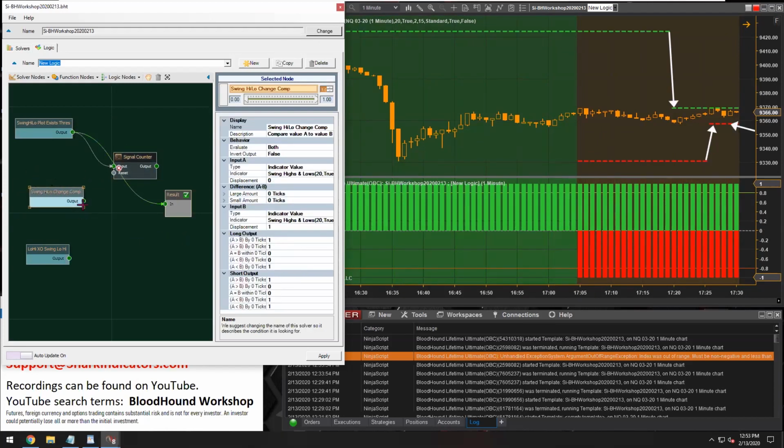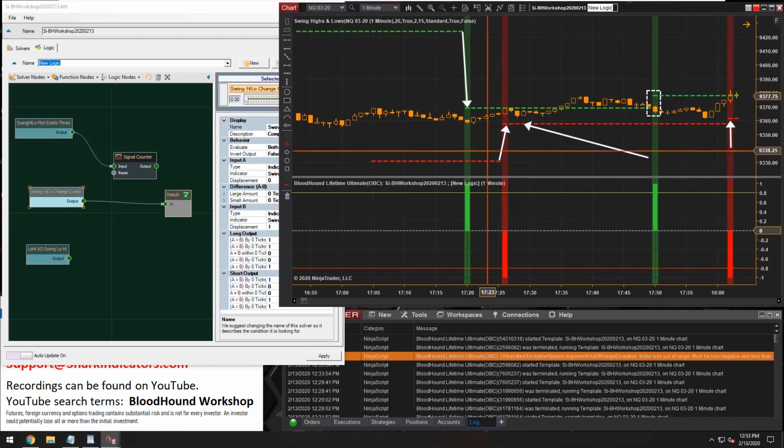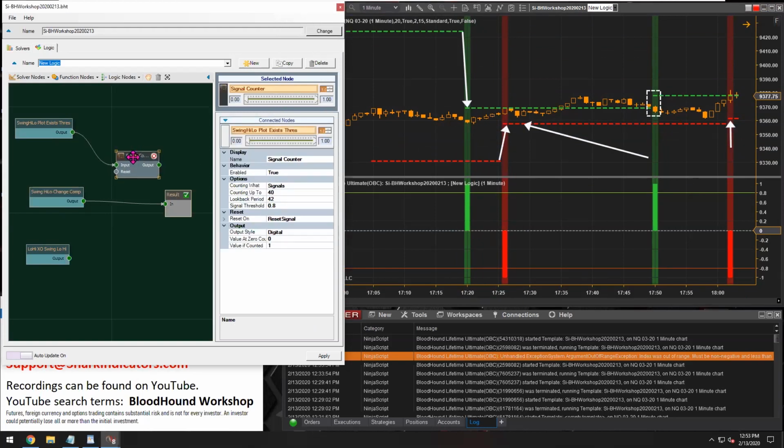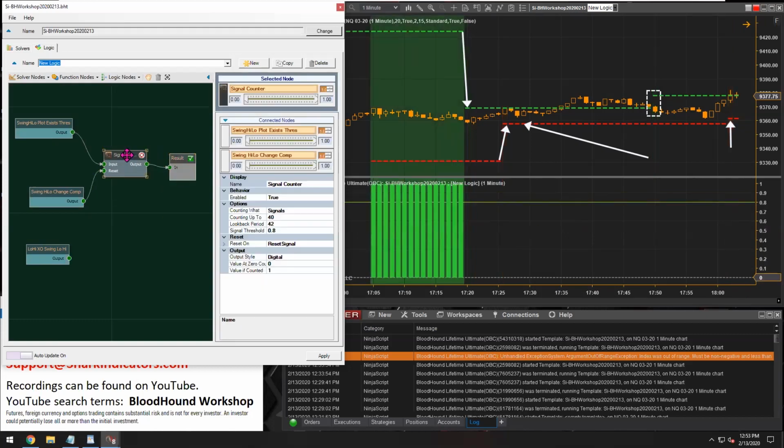When we identify that the swing high has changed prices, or the swing low has changed its price, we can use that to reset the signal counter so it starts counting from 0 again. So we're going to plug that into the reset. And so now we want reset signal.